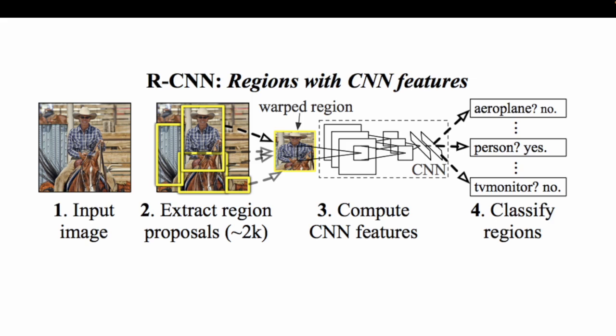Then we are executing a CNN layer, computing CNN features. RCNN is something different, regions with CNN features. That means CNN is involved, but it is a bit faster. And then at the end it is classifying as airplane, person, or a TV monitor.